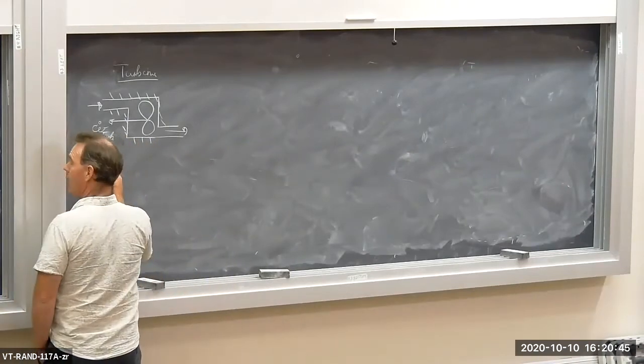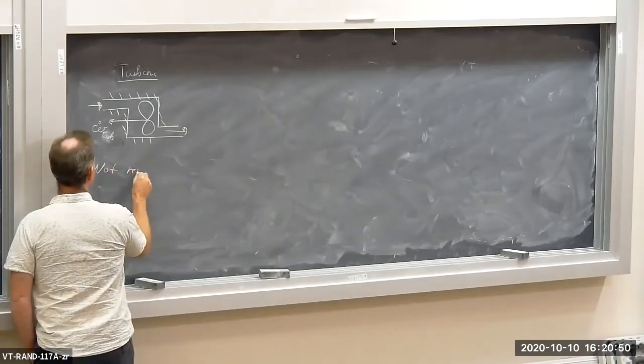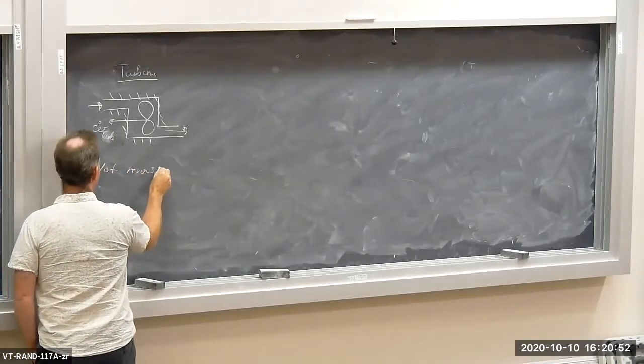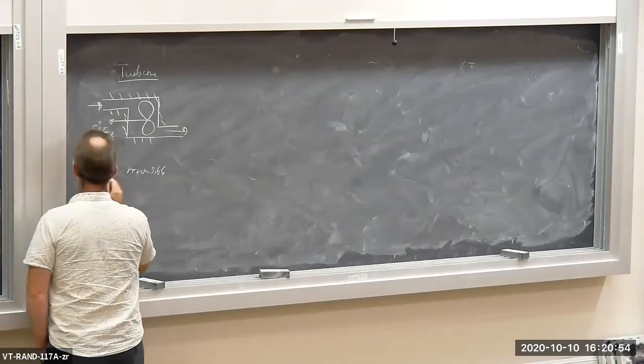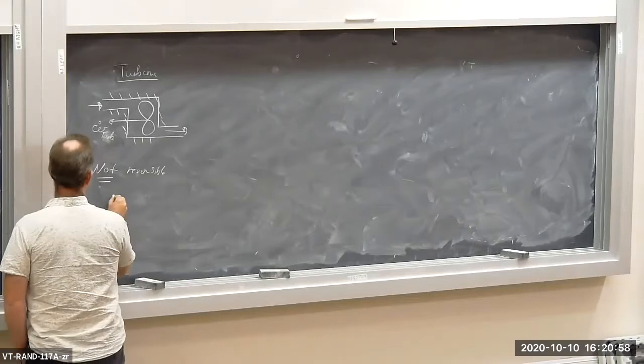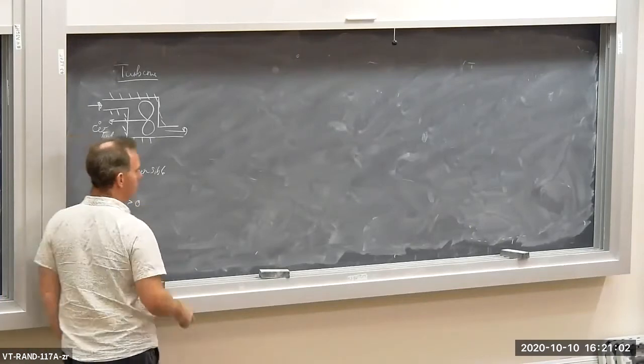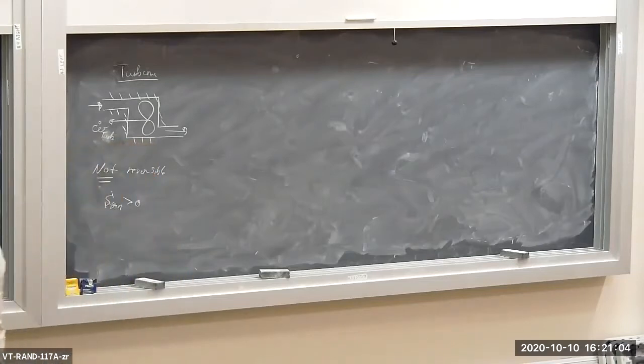So this guy is not reversible. So there's some S dot gen going on inside. So this means S dot gen is greater than 0. So there's friction in there. Who knows? There's friction in there. What else is going on? Who knows?